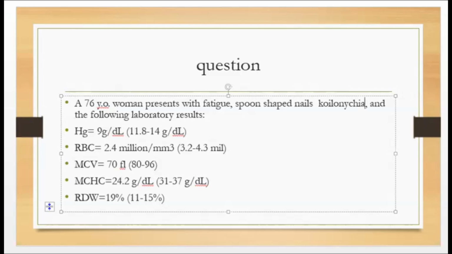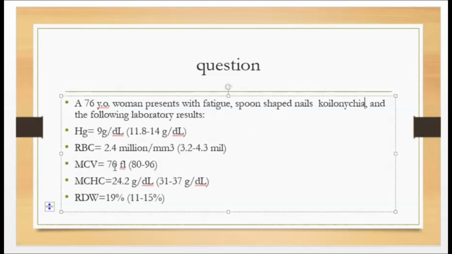What is small? Microcytic hypochromic. Micro is something small. Hypo is something low, okay? Chromic, so small.